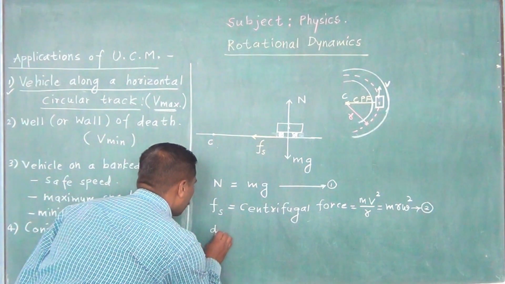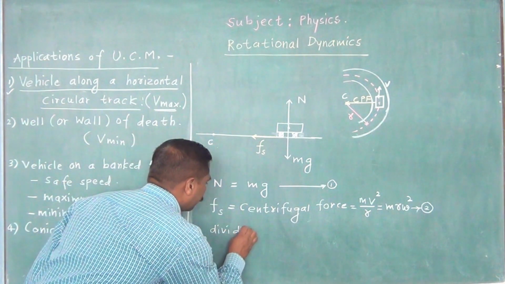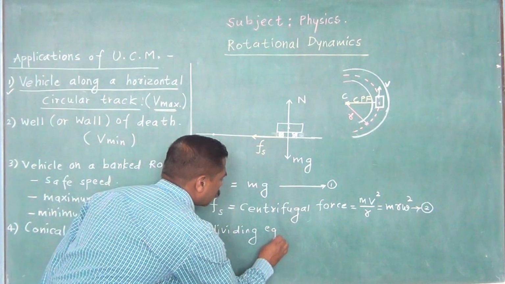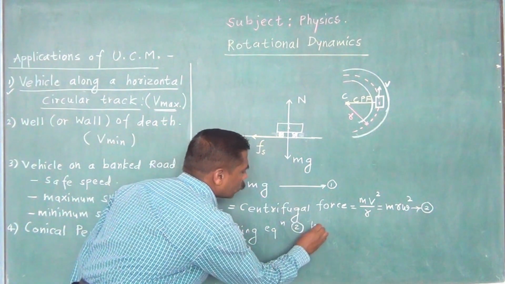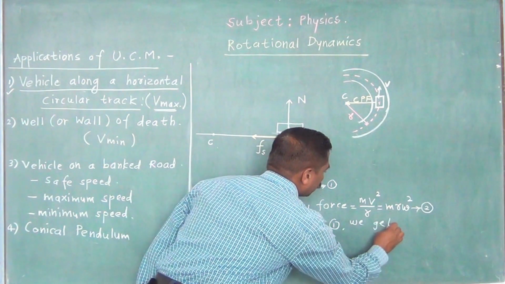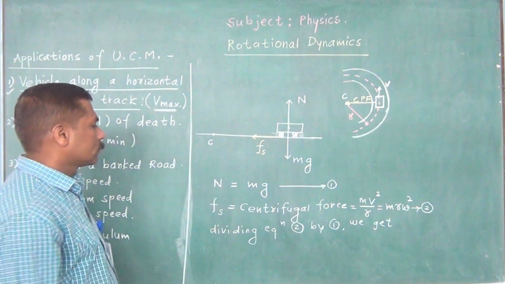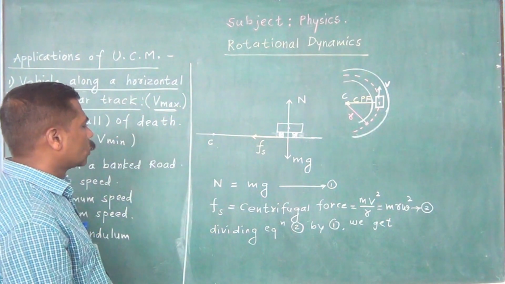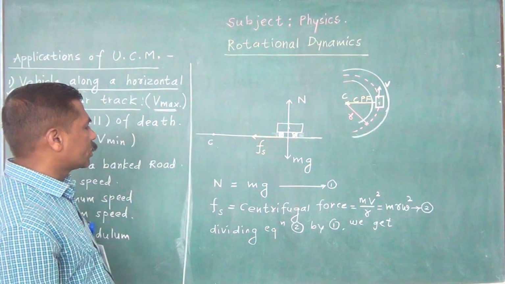So here, dividing equation 2 by 1, we get the left hand side of equation 2 divided by the left hand side of equation 1.